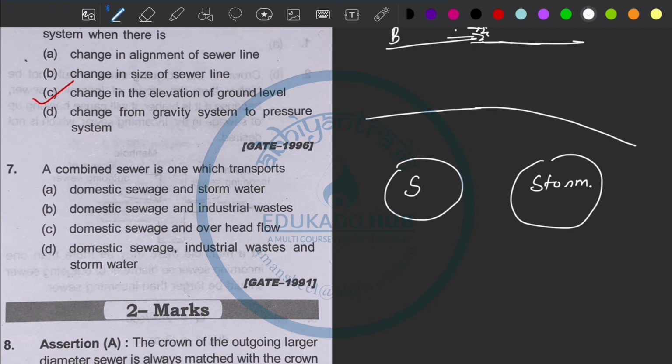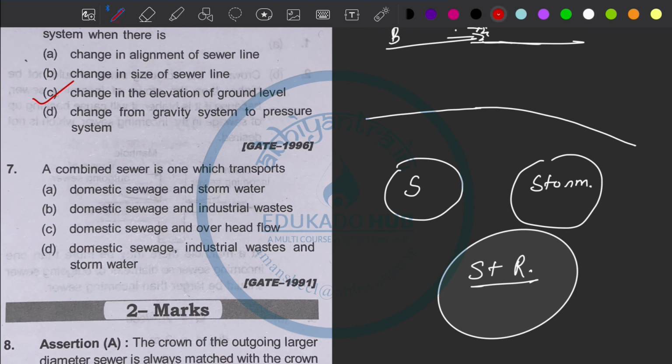But a combined sewer is a single large diameter pipe in which sewage plus rainwater or storm water are both transported. It has higher initial cost, but the maintenance will be less because we don't need to check both pipes; there is only a single pipe running properly.